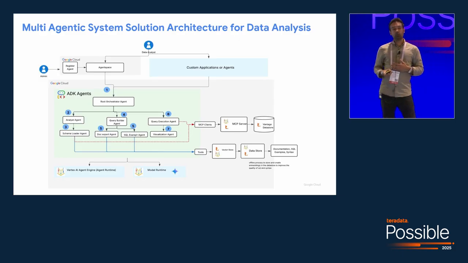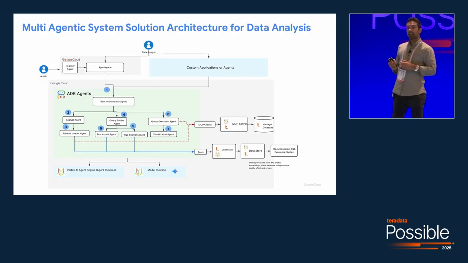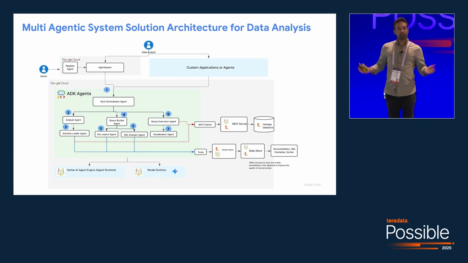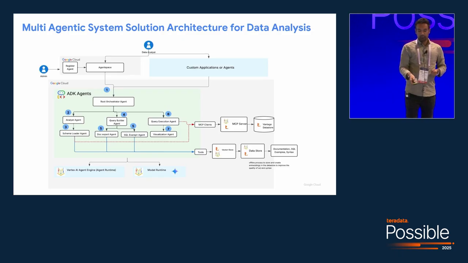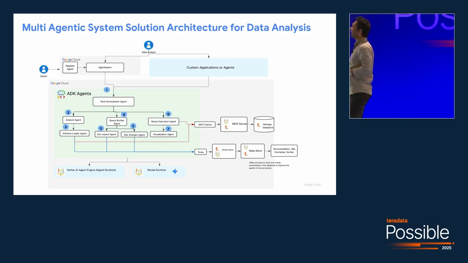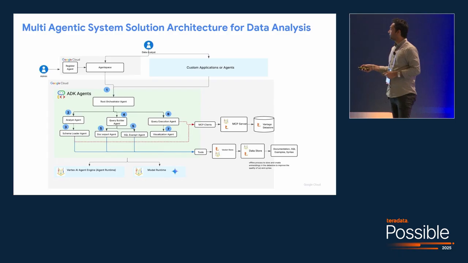So Agent Space is used as an interface which can be connected to the underlying autonomous multi-agentic system. That is going to look at all these green boxes, which is the multi-agentic system, an army of agents, which is going to understand the intent of your question, go gather the right tables and information, build a SQL query for you, come back and ask if this query is good enough.